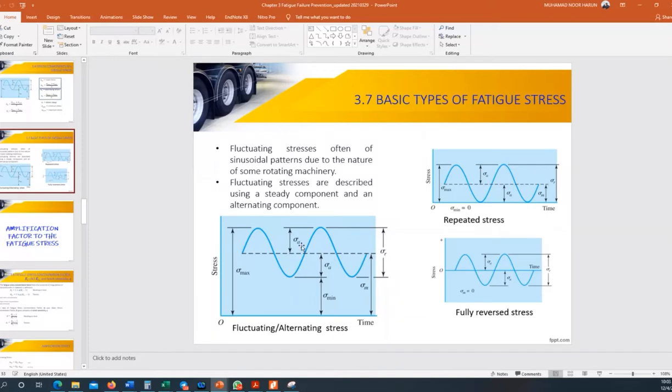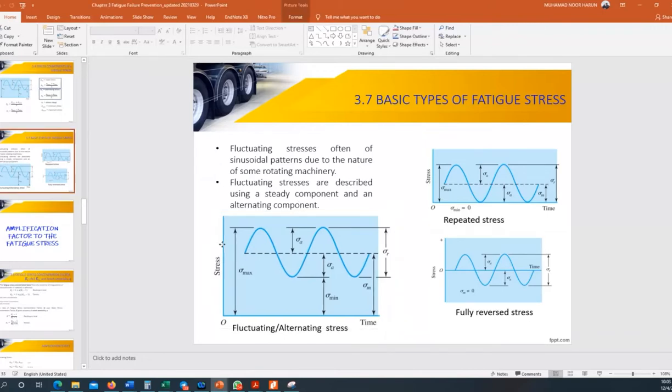So kalau tak ada alternating, just one single load. So it means that just one form of stress, kita akan just satu line je lah. Macam ni. Ini value dia. So, single load, macam mean stress lah.